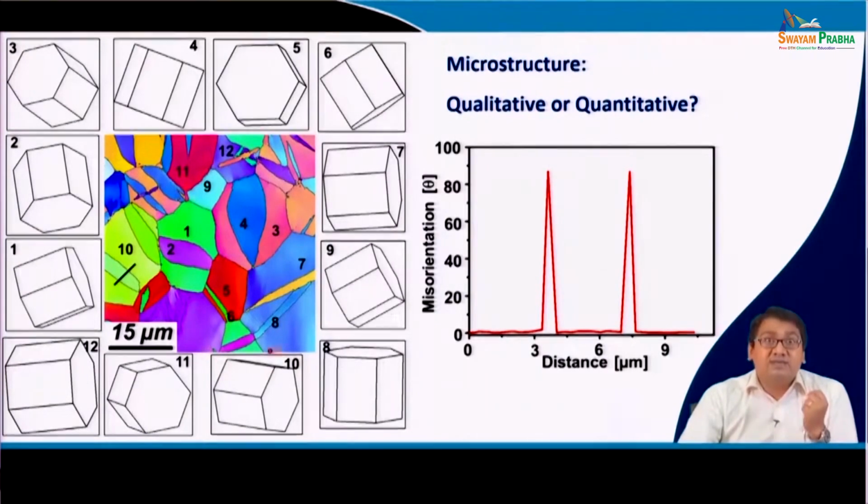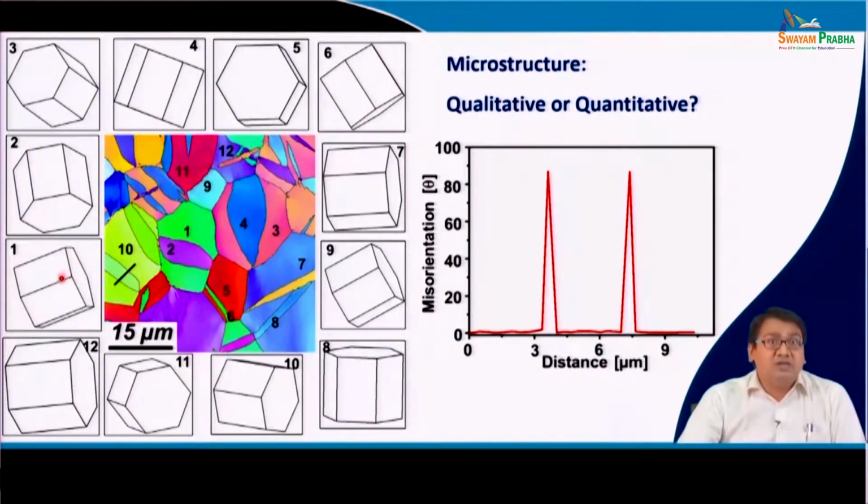Let us say that the microstructure's important reference system is the horizontal one, which is x, and the vertical one, which is y, and with respect to that you can see, if I choose a grain 1, it has an orientation which is like this with respect to x and y.